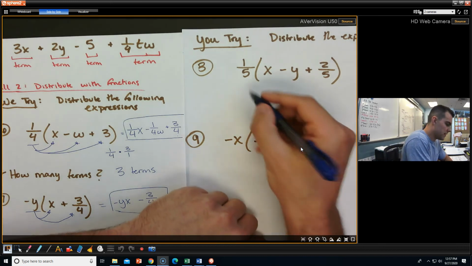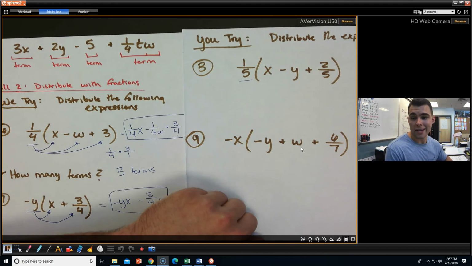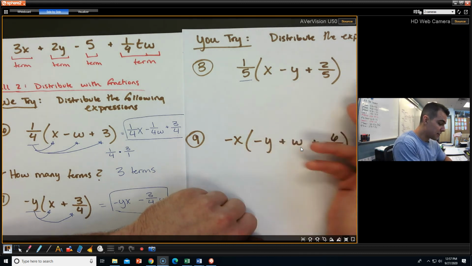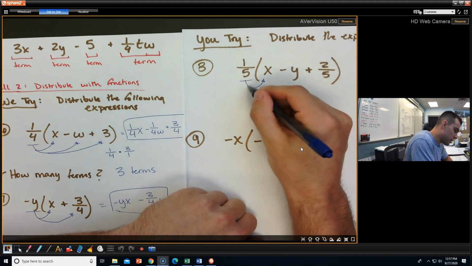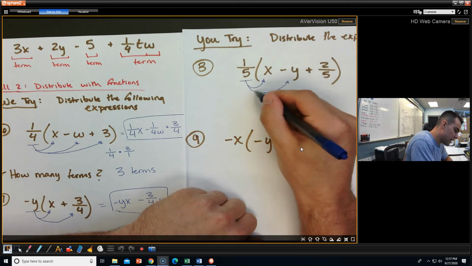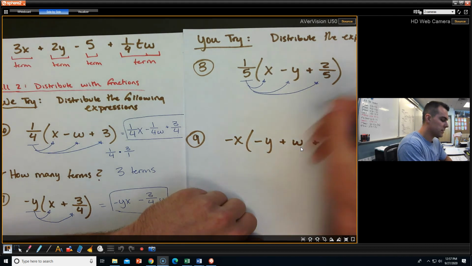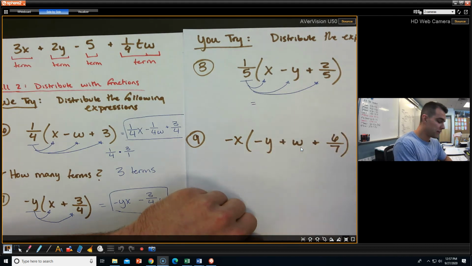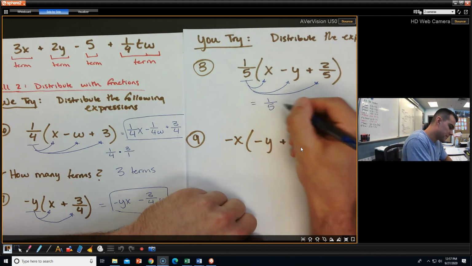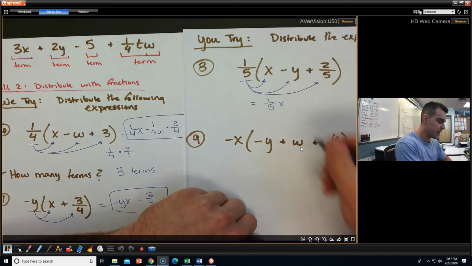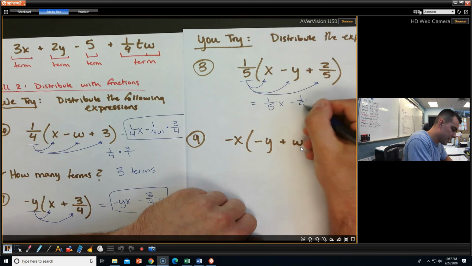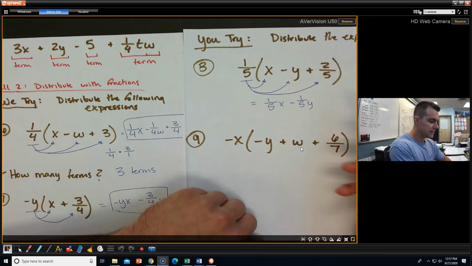Let's look at this one. 1/5 times x, 1/5 times negative y, 1/5 times 2/5. So I get 1/5 x, and then 1/5 times negative y is negative 1/5 y, and then 1/5 times 2/5.